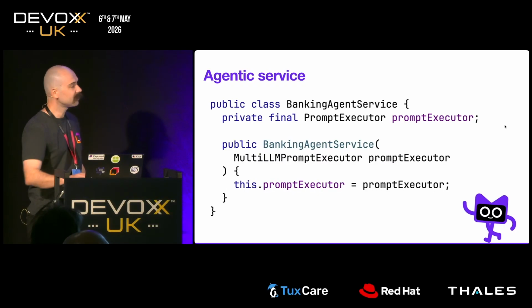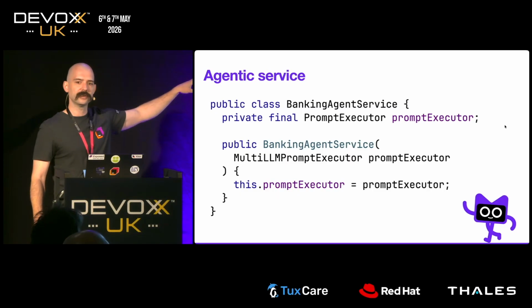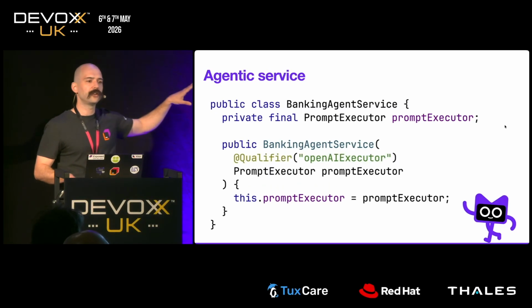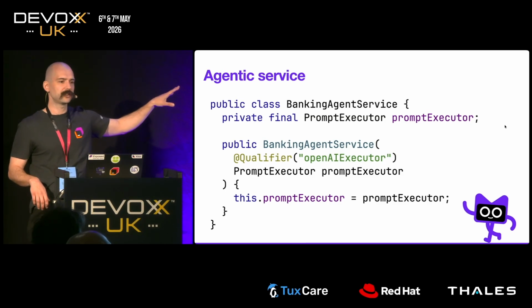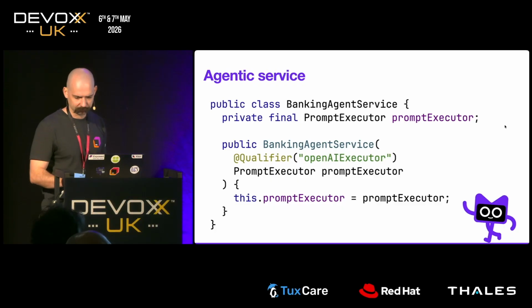So in this case, we can communicate with OpenAI, Anthropic, and Google, because that's what we configured in Spring AI. And in this case, we can only communicate with OpenAI because this prompt executor is only connected to the OpenAI LLM client.